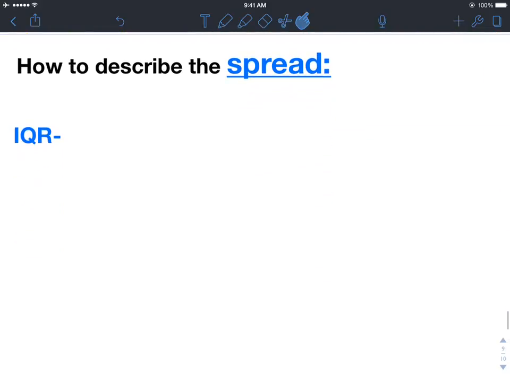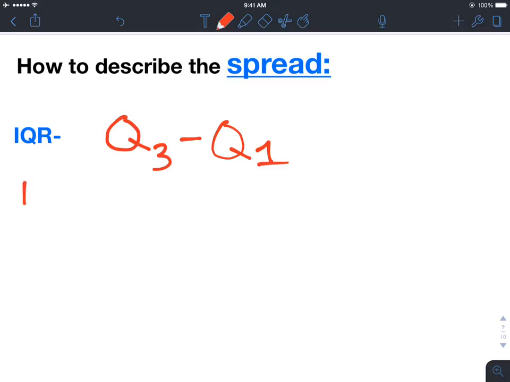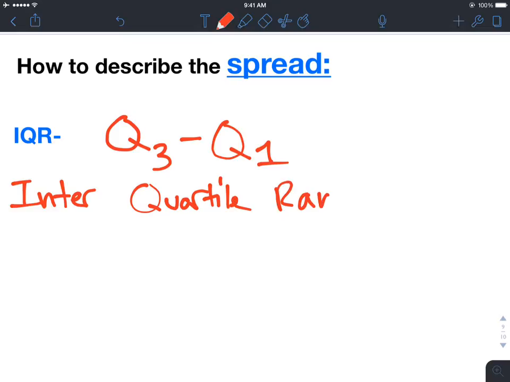And then how to describe the spread of the distribution. There's three different ways we could do this. The first is IQR, which you guys just learned, which is Q3 minus Q1, and this is your interquartile range.